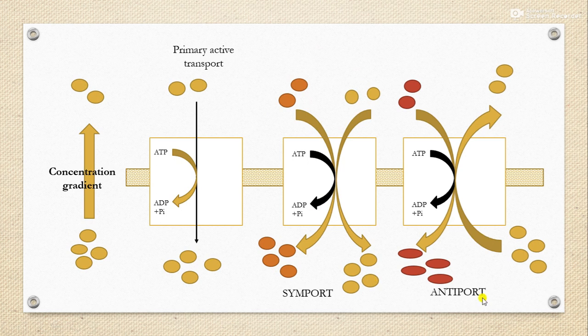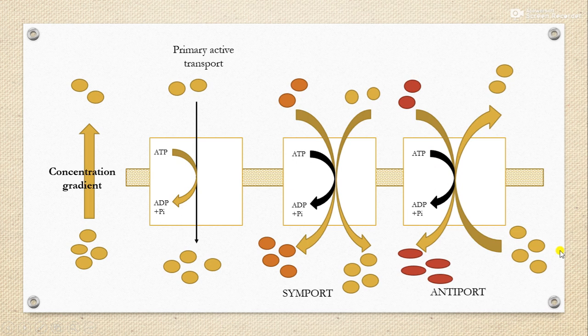Whereas in antiport, the primary ion to be absorbed gets transported from a lower concentrated region to a higher concentration region by expenditure of ATP.